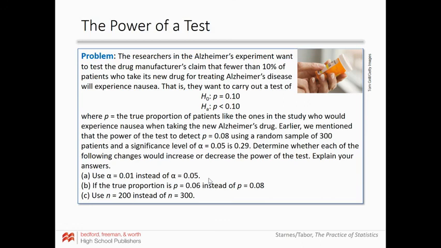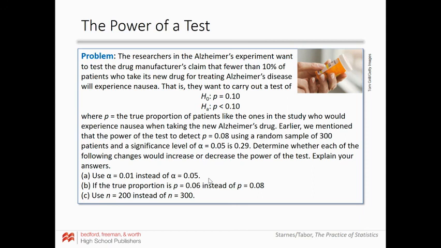The power of a test to detect P equal to 0.08, using a random sample of 300 patients and a significance level of alpha 0.05, is 0.29.